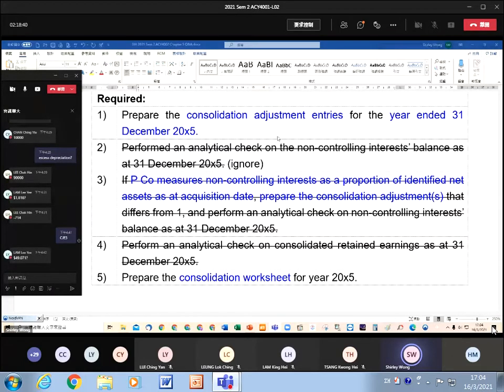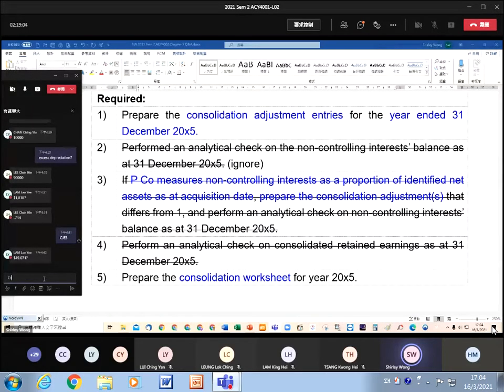Okay, now let's start with the consolidation adjustments first. I will give you 5 minutes to prepare CJE1, calculate the goodwill, and also CJE2. CJE2 is to handle the fair value difference of inventory, because in this question we do not have goodwill impairment.